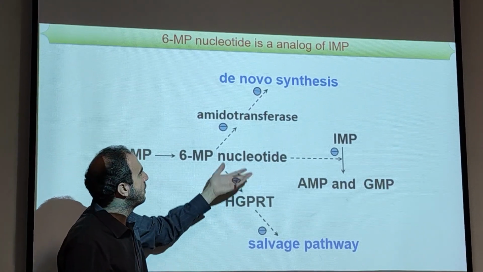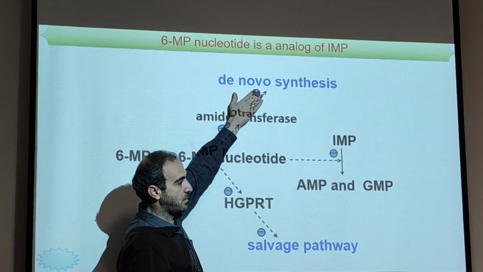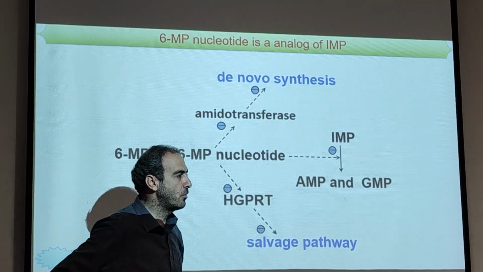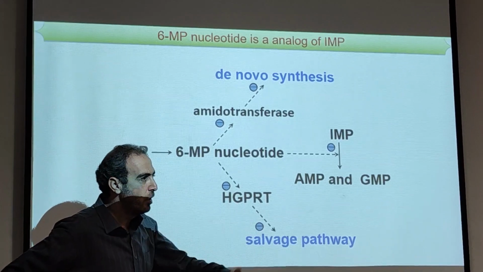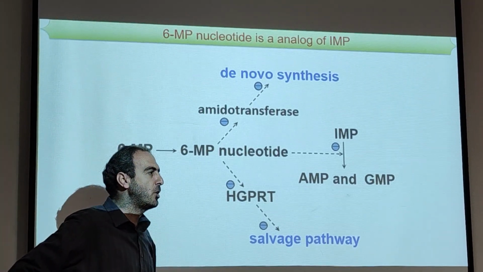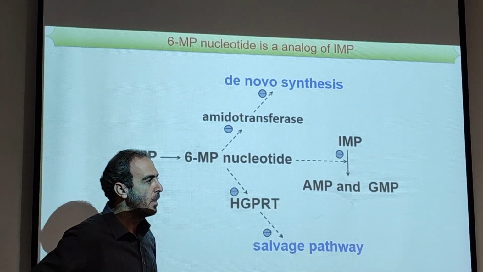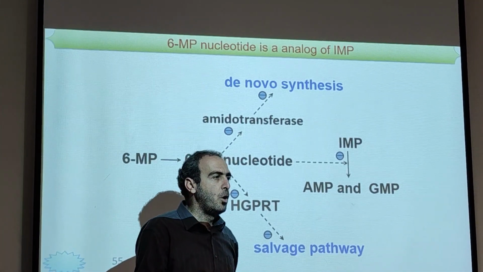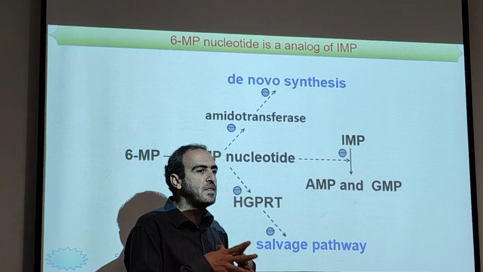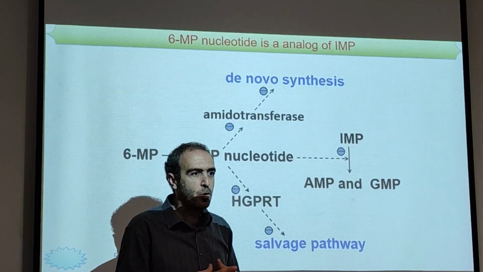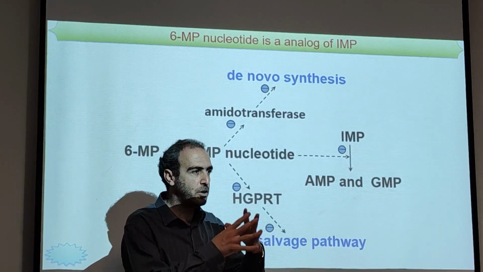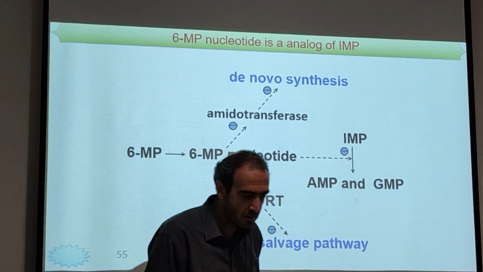So for this reason, because it inhibits de novo synthesis, the production of uric acid is low and hypouricemia occurs.